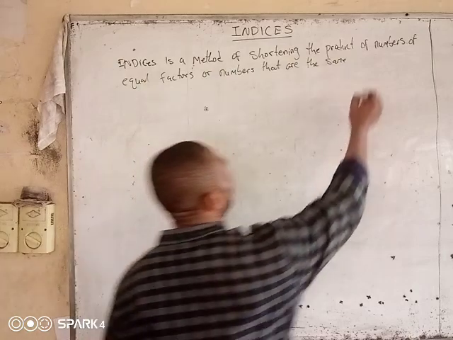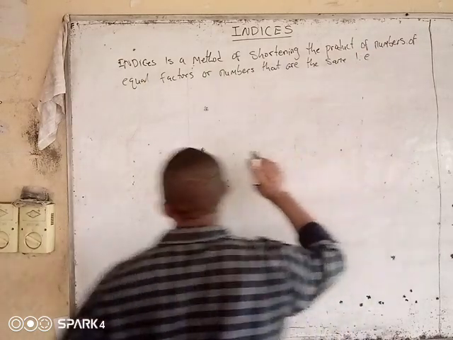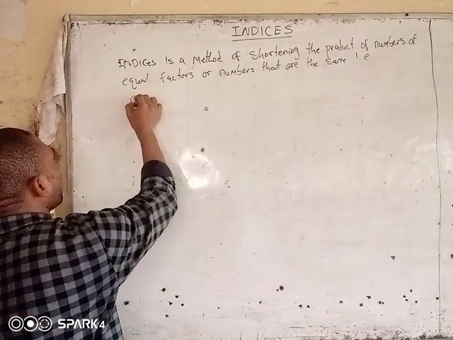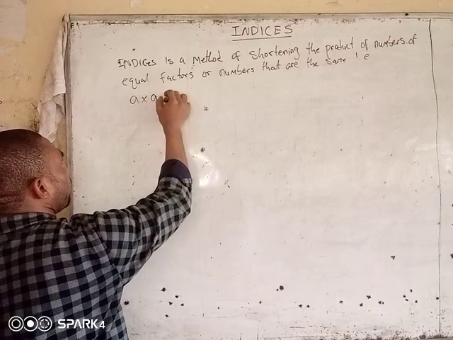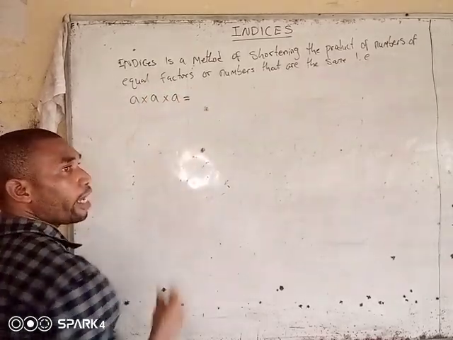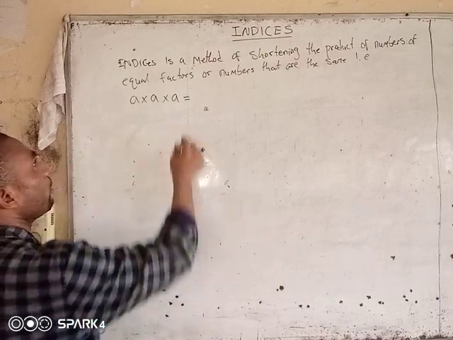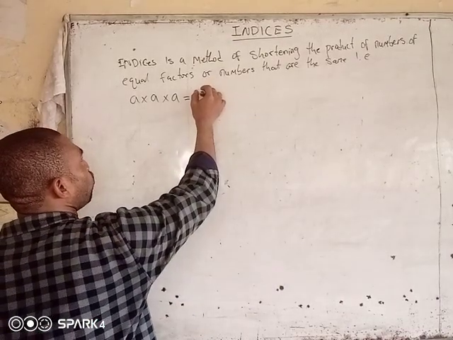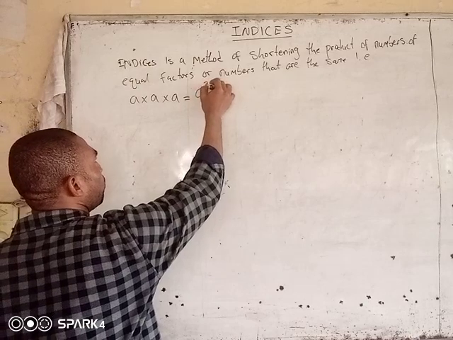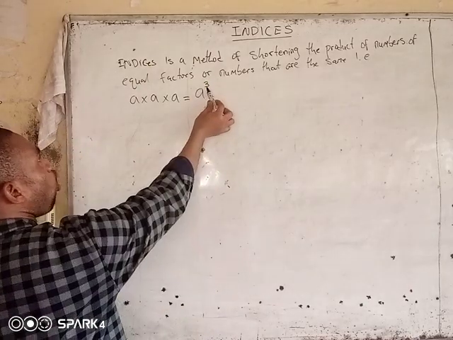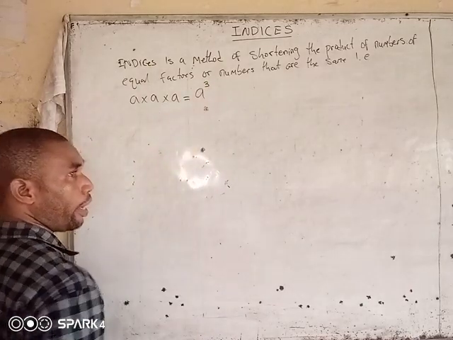For example, if we should have a times a times a, it is said to be the third power of a, in which a is raised to power 3. It is called the third power of a.